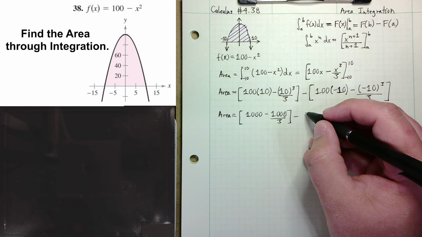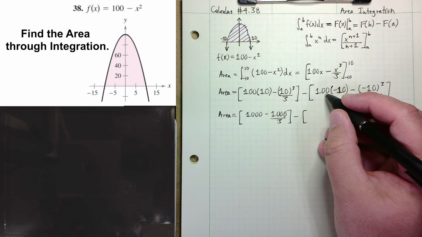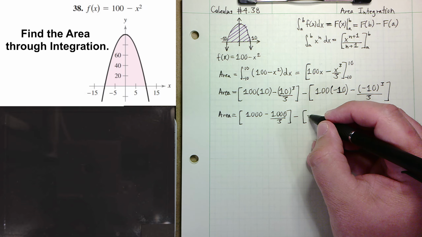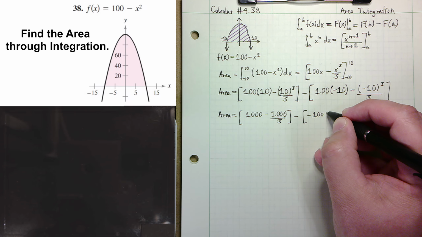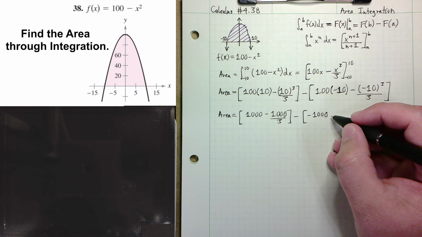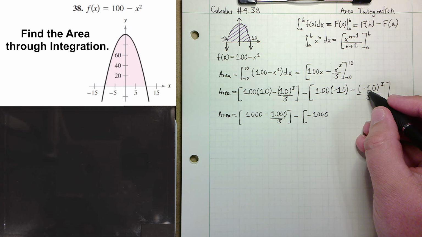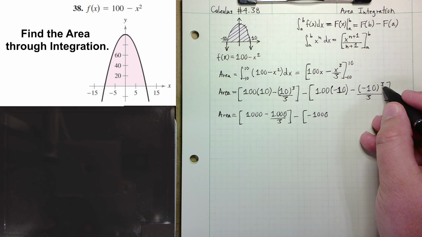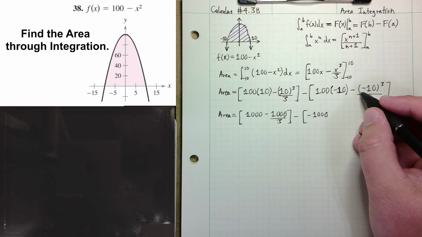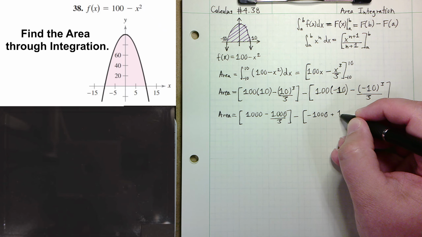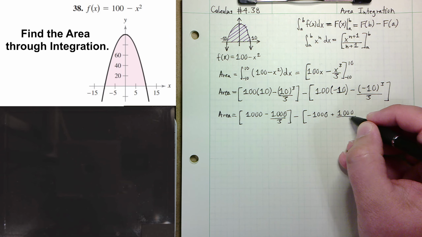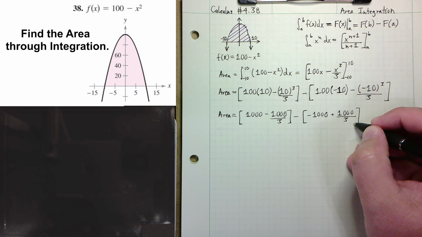Minus, here we have 100 times negative 10, which becomes negative 1,000. And then negative 10 cubed is negative 1,000. This negative sign out front makes this positive, or plus 1,000, divided by 3 still.